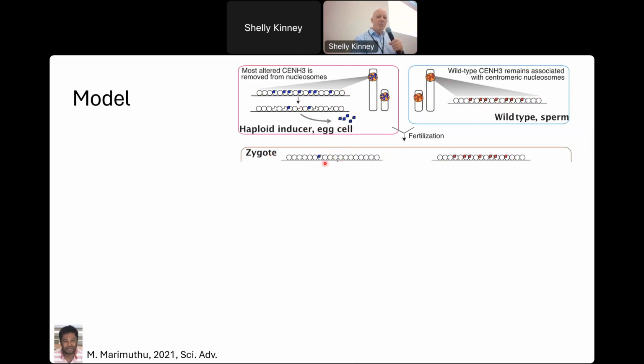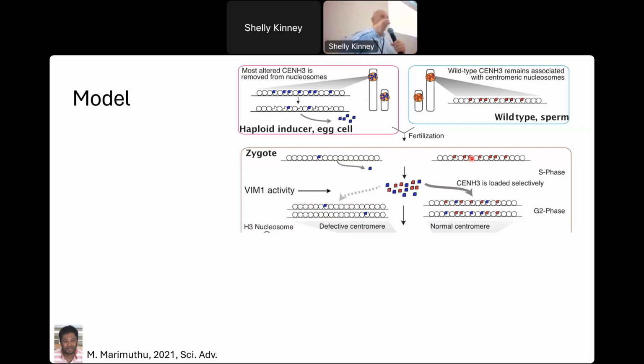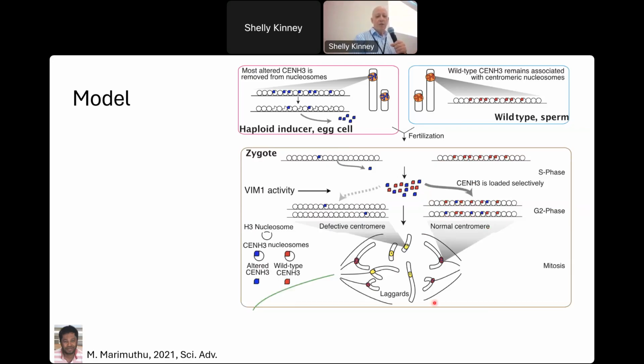One is epigenetically poor, with no SNH3 signal or very little, and the other one is rich. Then, because you go through a bunch of cell divisions, you need to load these components, and they are loaded in a completely biased way. They all go to the good centromere. Eventually these chromosomes are left to missegregate.